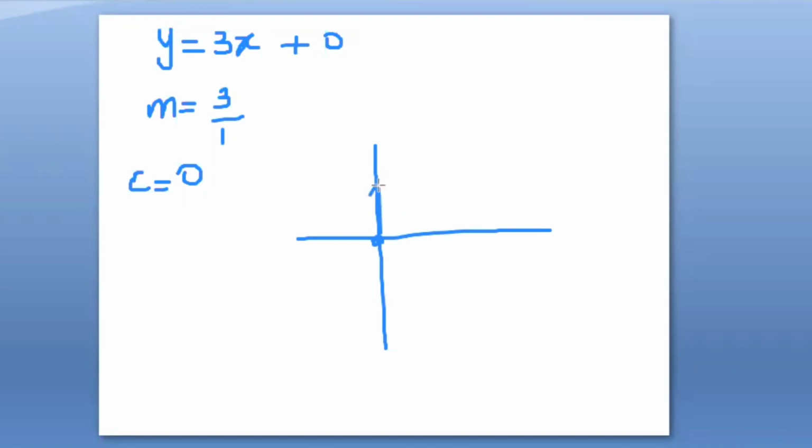Here is the 3 rise, and now the run is 1. So we got this kind of line for the given equation.